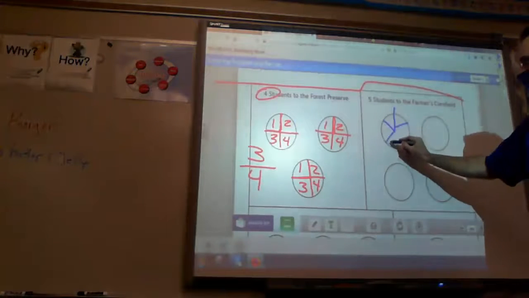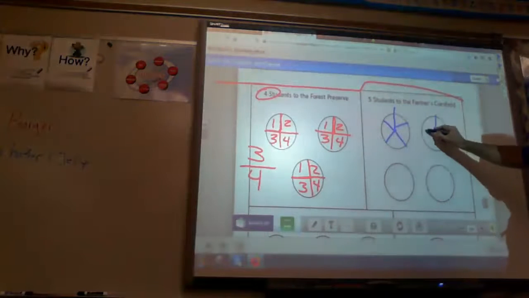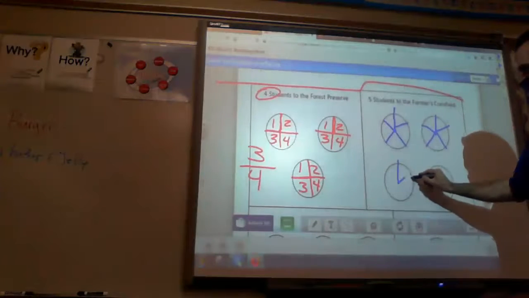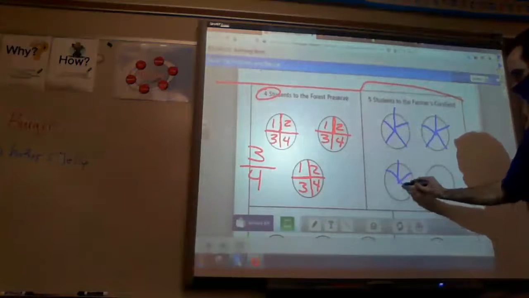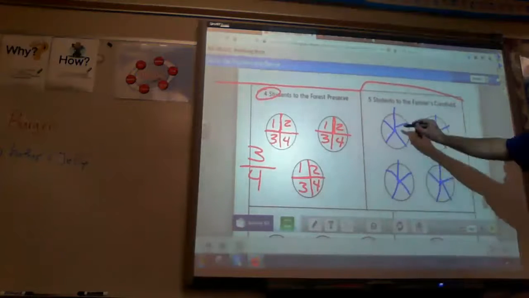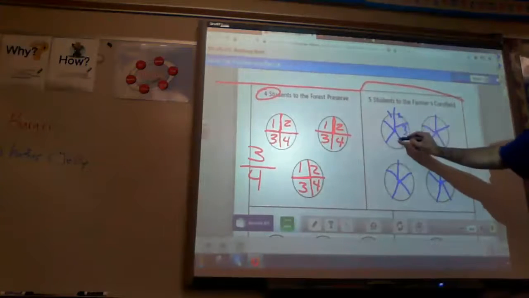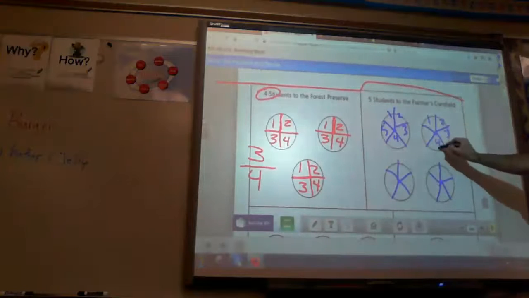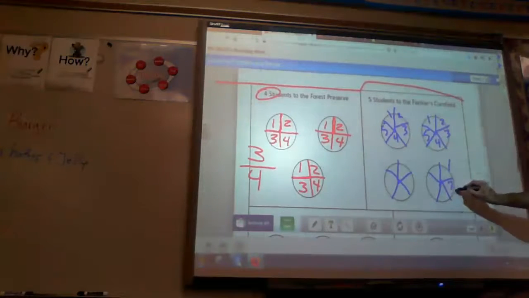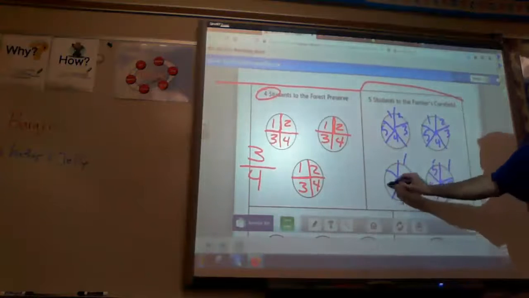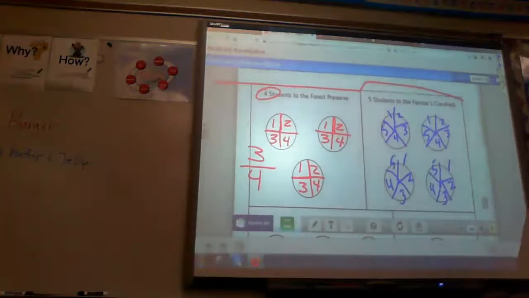Here's that fun spot on the smartboard, but good enough. 1, 2, 3, 4, 5. 1, 2, 3, 4, 5. It takes a little bit of time to do that.